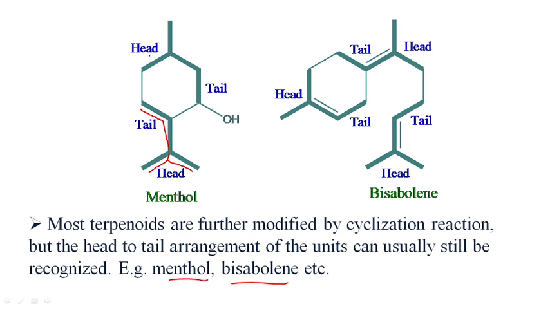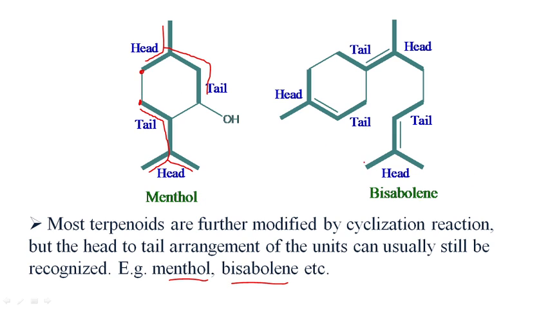Of another isoprene unit, this branched segment is the head segment and the unbranched segment is the tail segment. The attachment occurs between the carbon of the head segment and the carbon of the tail segment. Here the attachment is between the carbons of head segment and tail segment in menthol.